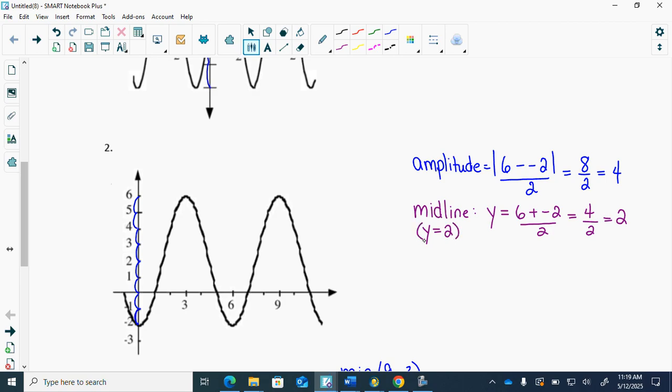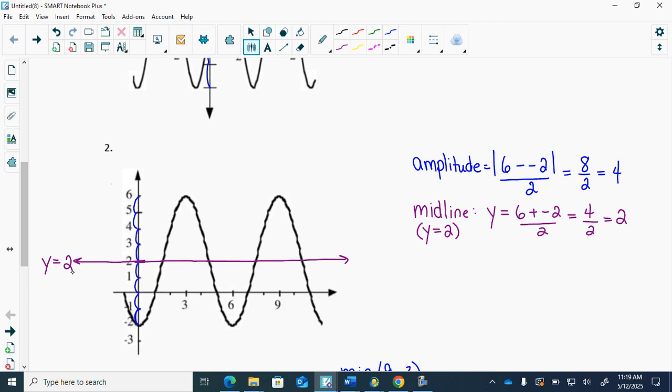So I go to where y equals 2, which is here, and I draw a horizontal line. And I know it should be right because if I count up and down from it, it should be the same distance, right? So I count up from 2, it gets me 4 to 6. If I count down from 2, it gets me 4 to negative 2.